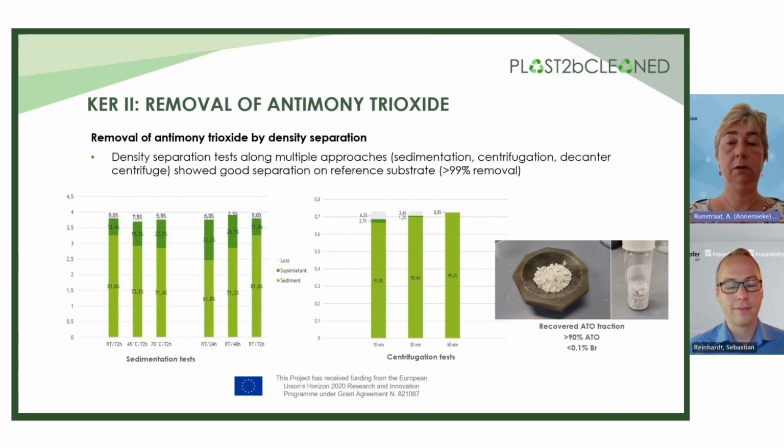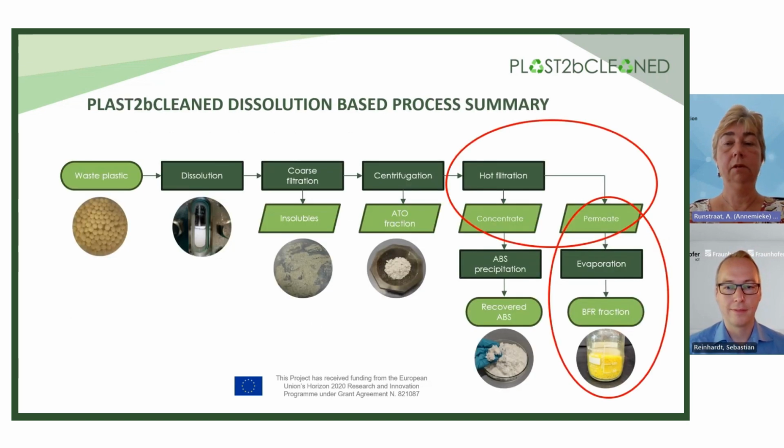In any case, we could separate the particles from the solution quite well. And these are results on a model material which we call the reference substrate. So that's a model for electronics waste. Then we end up with a solution where we still have the bromine flame retardants and the polymer in.